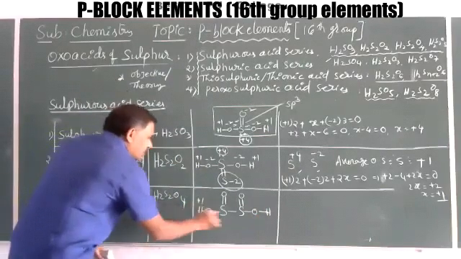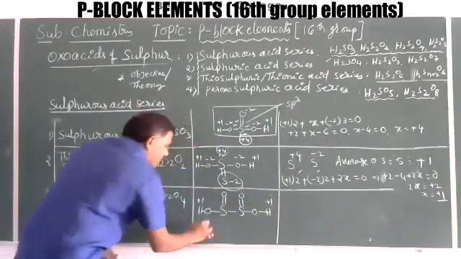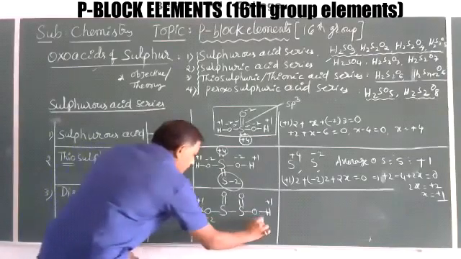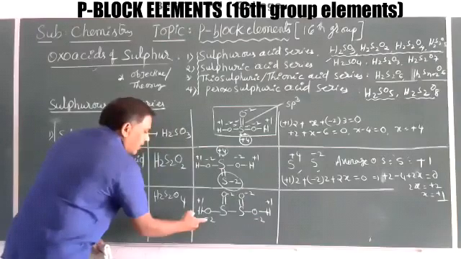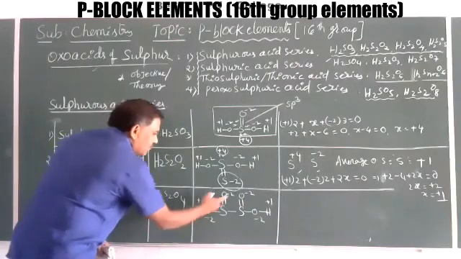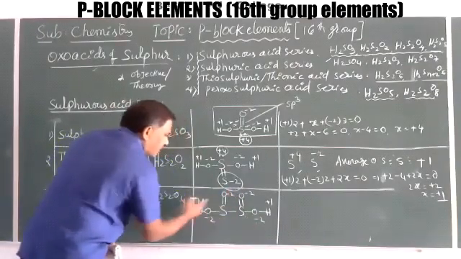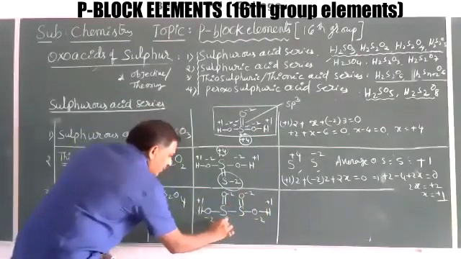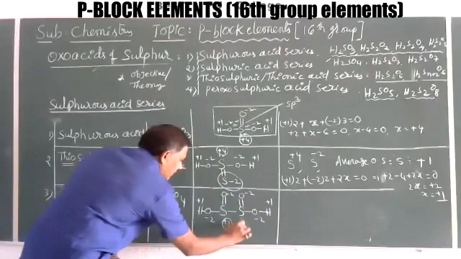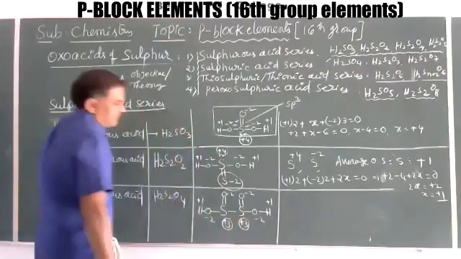So the hydrogen is plus 1, hydrogen plus 1, oxygen minus 2, oxygen minus 2, oxygen minus 2, minus 2. Total minus is minus 8, and here plus 2 are there, plus 6, 2 sulfur atoms are there. So each one plus 3 and plus 3 like this.